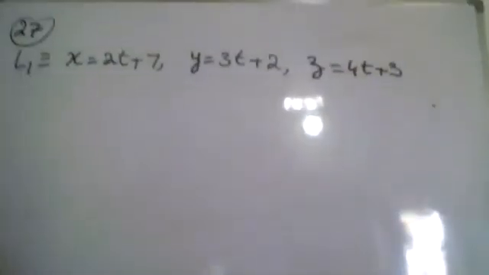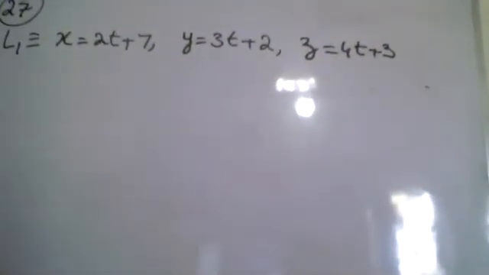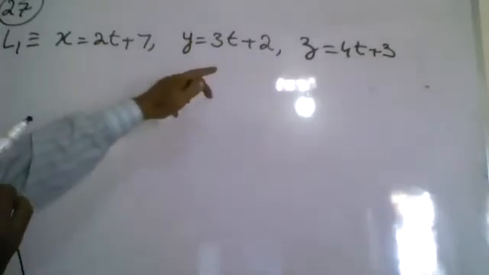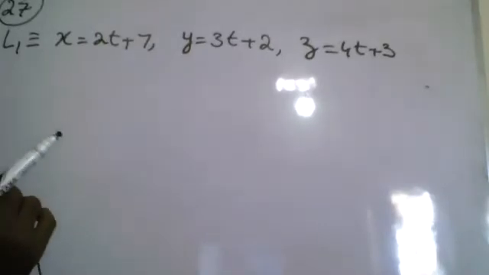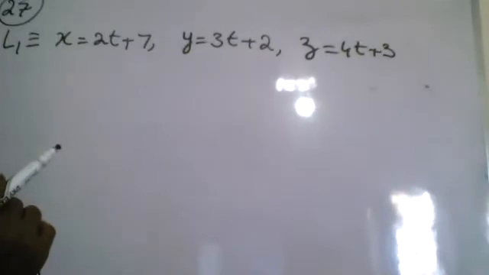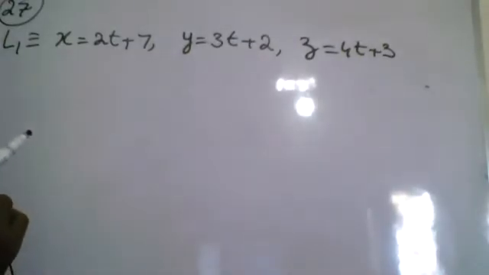This is L1: X is equal to 2t plus 7, Y is equal to 3t plus 2, Z is equal to 4t plus 3. These are the parametric equations of the line L1.